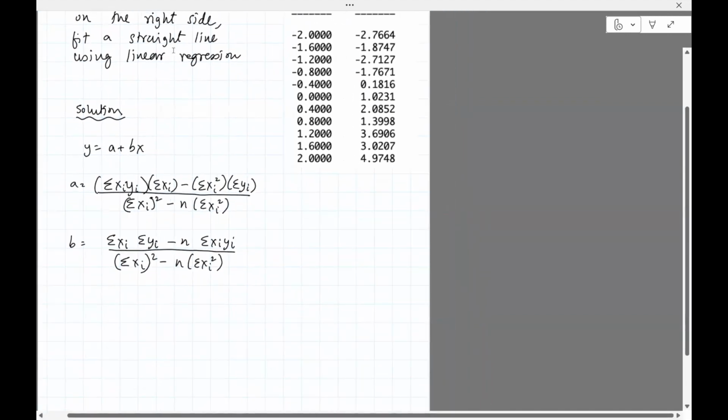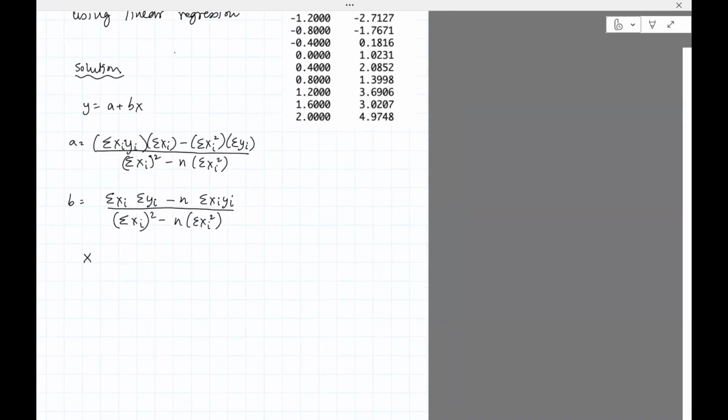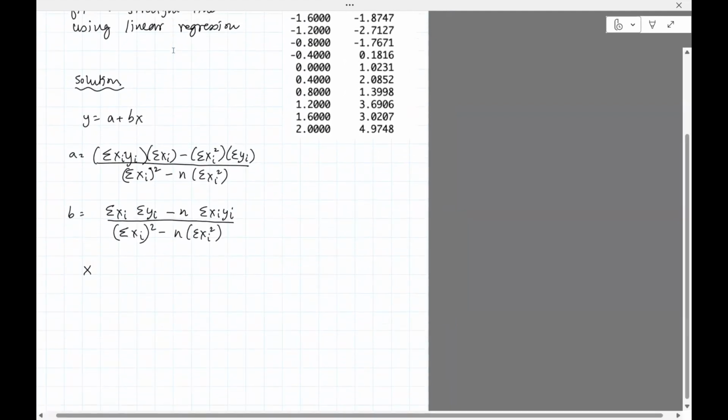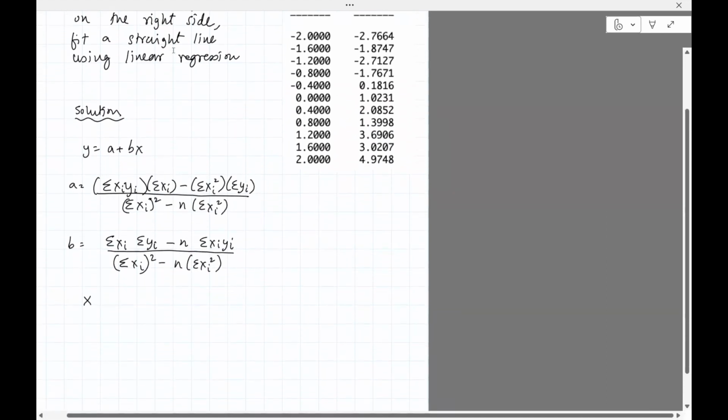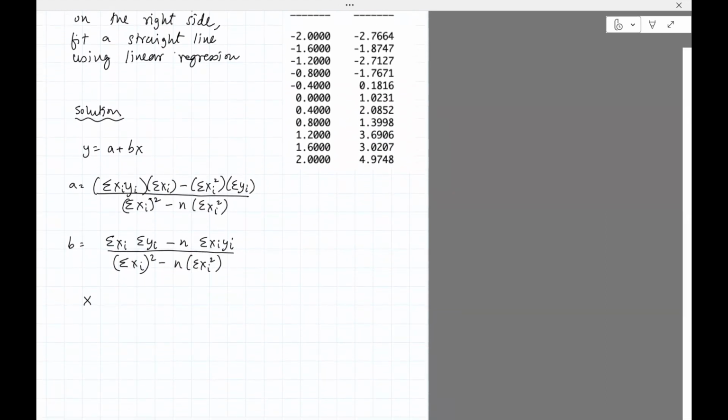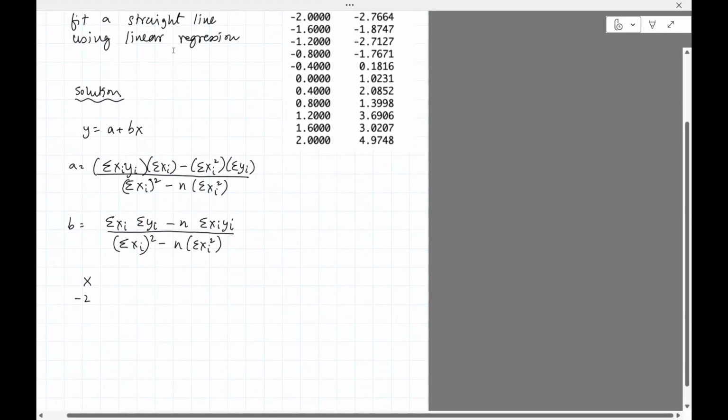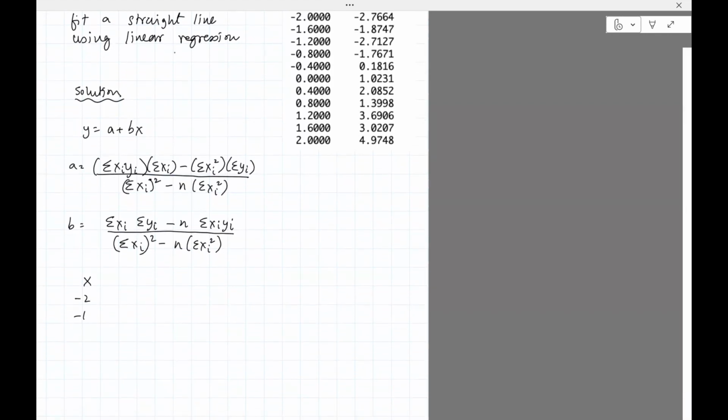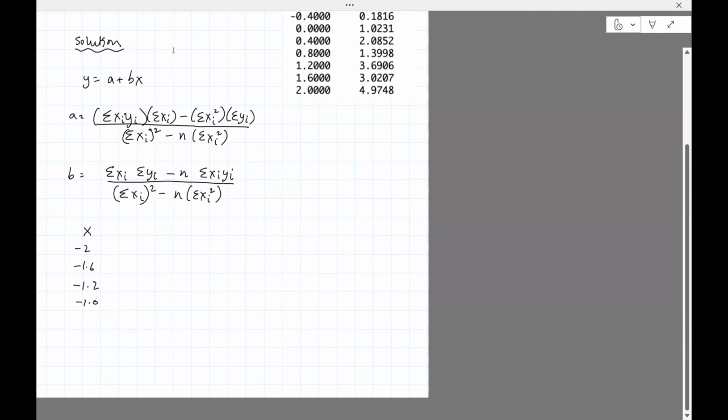What I mean by that is you would create a table like so: x is minus 2, minus 1.6, minus 1.2, no sorry, 1.6, 1.2, 0.8. I'm going to run out of space over here, so you will continue on the next page.